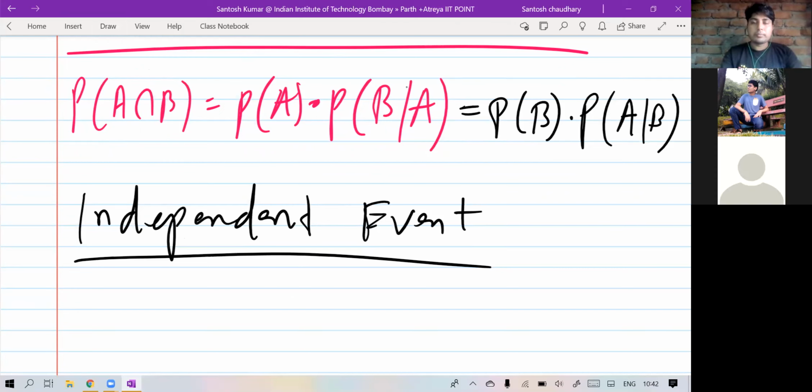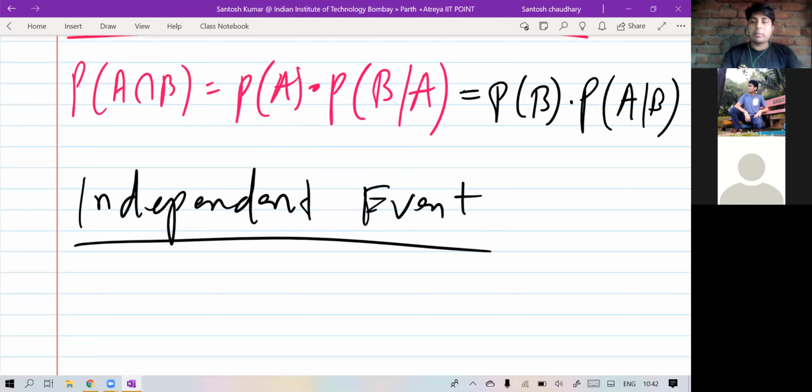Yes, occurrence of the first event does not depend upon occurrence of the second event. Yes, correct. So this is the meaning of independent events, right? So in mathematical way, how do we write in terms of probability?